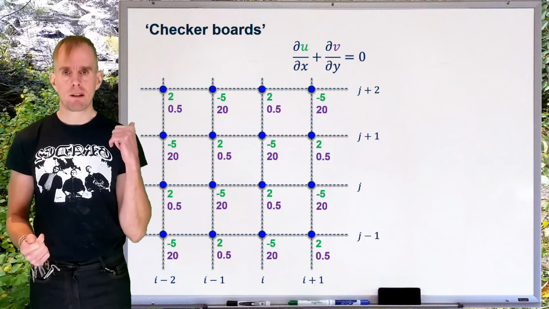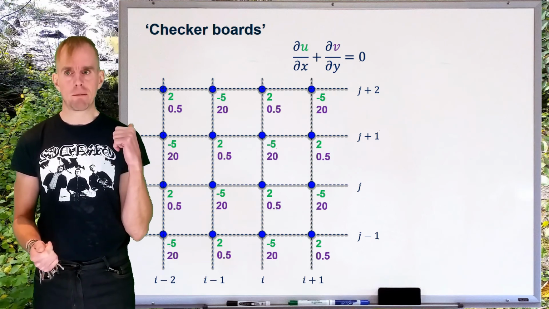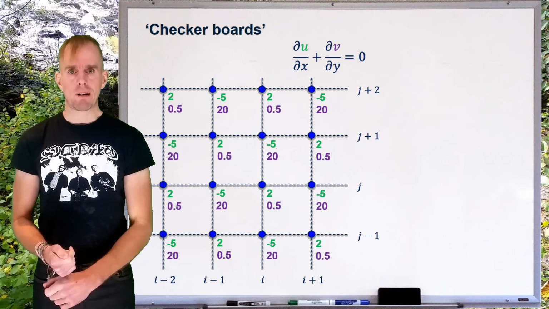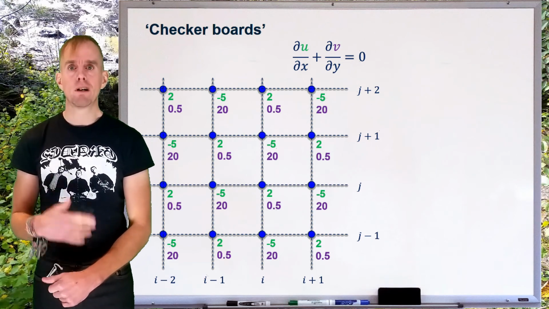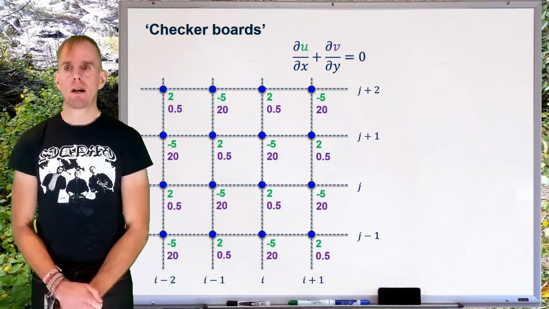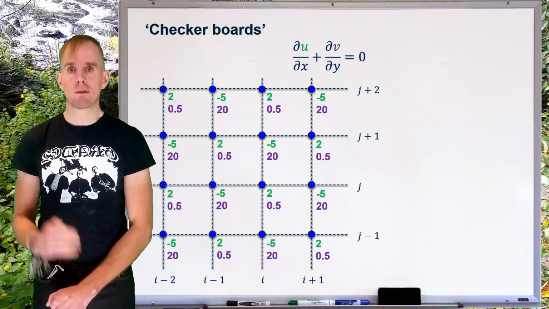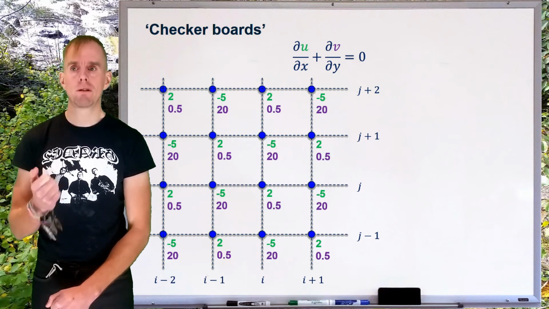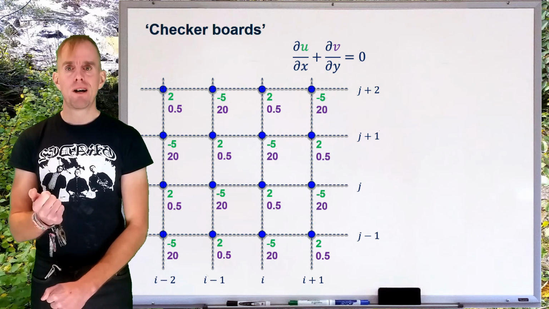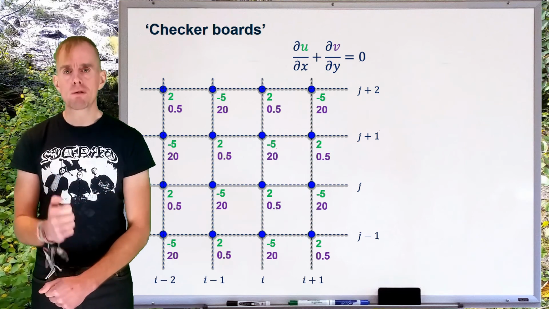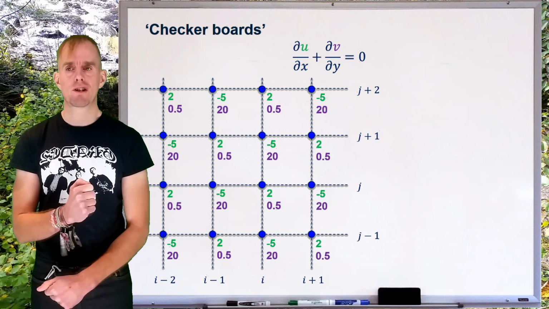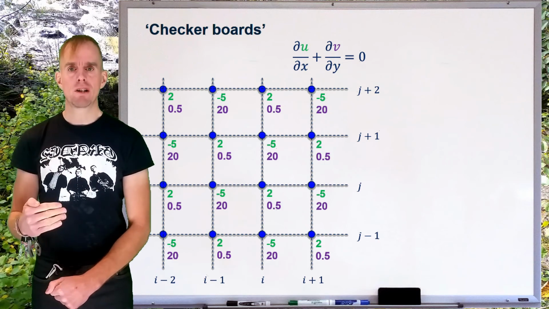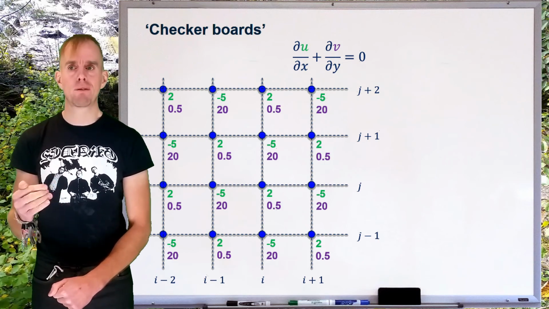Now let's just look at this velocity field in a little bit more detail. If we look in the x direction at those green values, and if we go from left to right along a given row of nodes, we have, say on the top row, 2, -5, 2, -5, an alternating pattern which will repeat ad infinitum in the x direction. In the y direction, let's again look down, let's say the far right hand column.